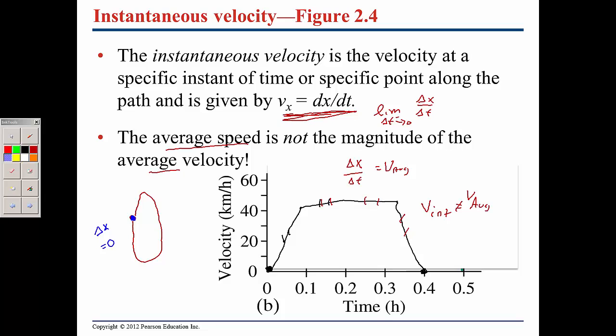However, the distance that I traveled was once around the track, probably a quarter of a mile. The average speed is equal to the distance divided by the time. The average velocity is equal to the change in position divided by the time. So the average velocity would actually work out to be 0.